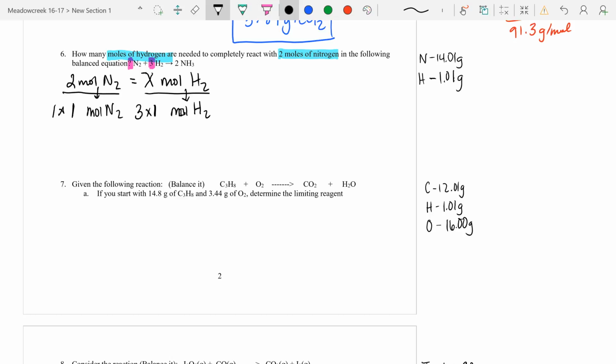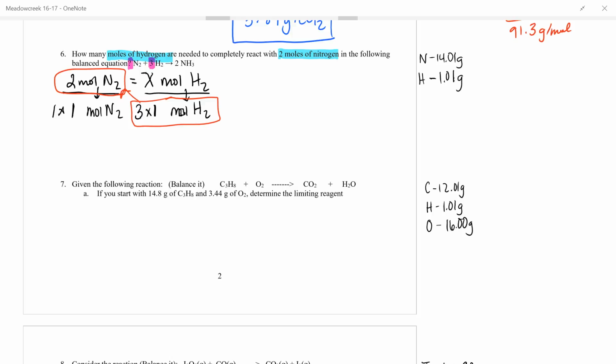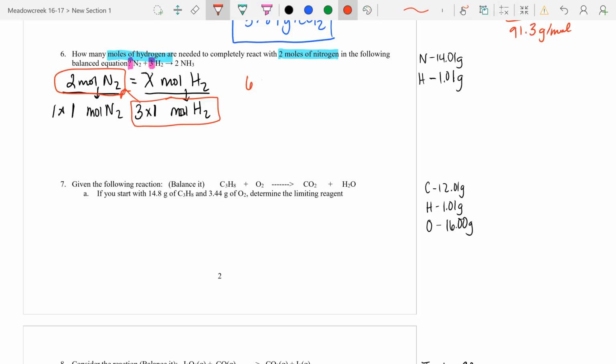So this is going to be a very simple question. We're going to cross multiply like we've been doing. 3 times 1 is just going to be 3. So then 3 times 2 gives me 6 moles of hydrogen over 1 mole of nitrogen, because 1 times 1 is just 1, equal to X moles of hydrogen.